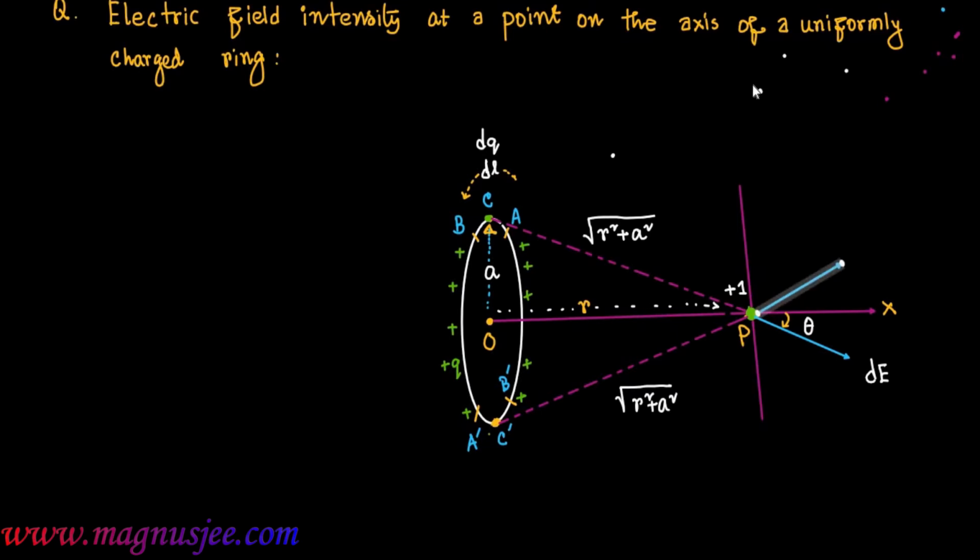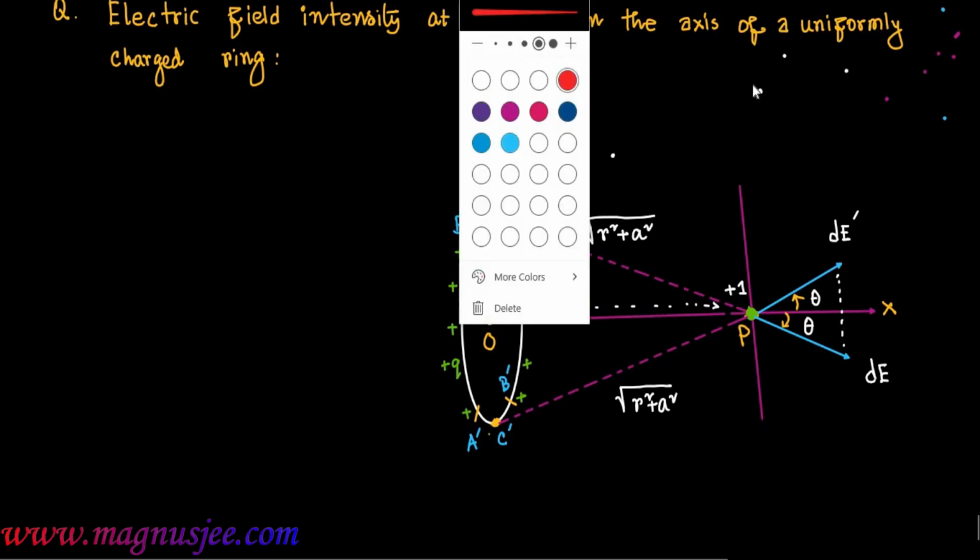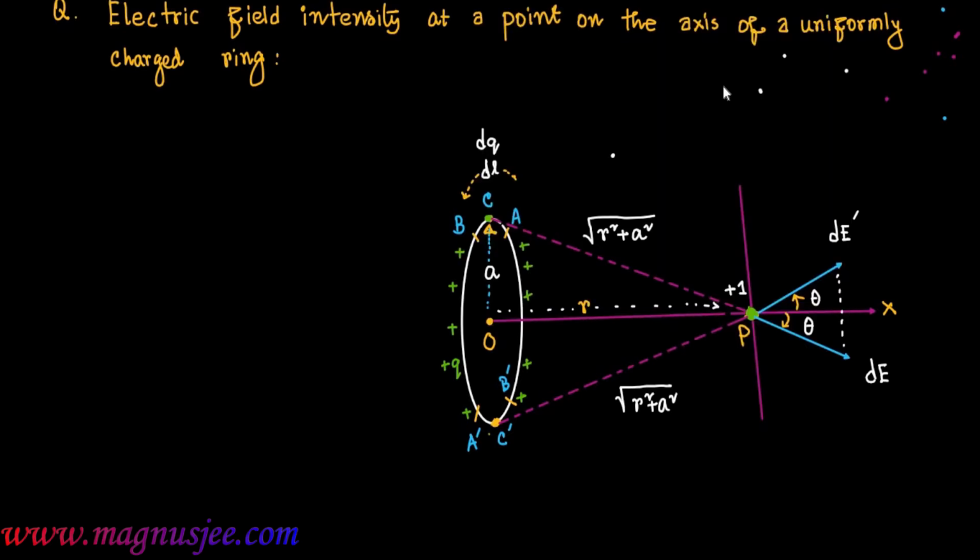The electric field intensity at the point P due to the element A prime B prime is dE prime. This dE prime acts at an angle theta with the axis OX, or with the direction PX.